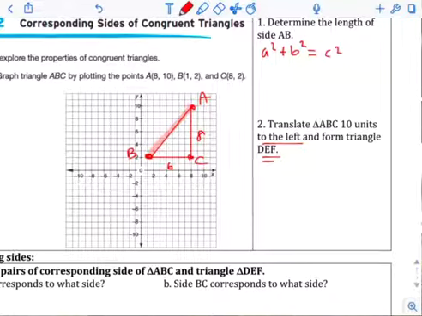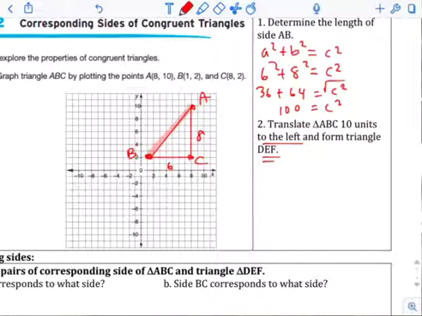Eight. So 6 squared plus 8 squared equals c squared. Take the square root. c is 10. It's 10 there.